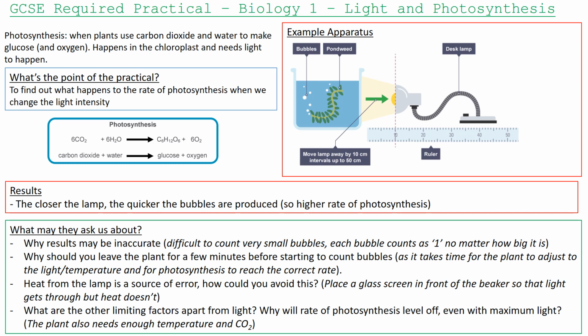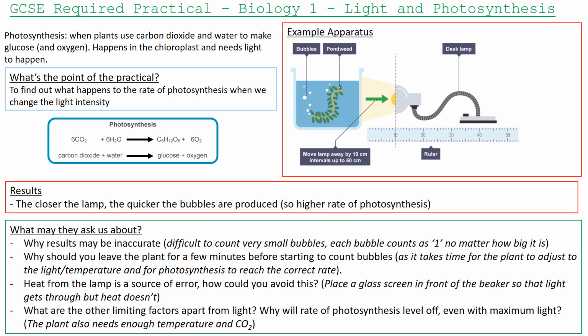Right, so I found this that is a nice little summary of this required practical, looking at the effect of light intensity on photosynthesis. So it's completely up to you what you want to do with this. If you want to pause the video and make some notes on what is on here. So it talks about the results that you would expect to see.